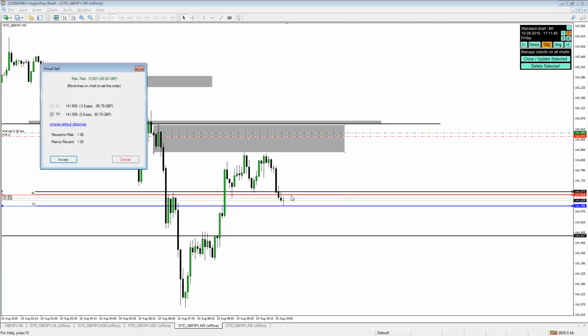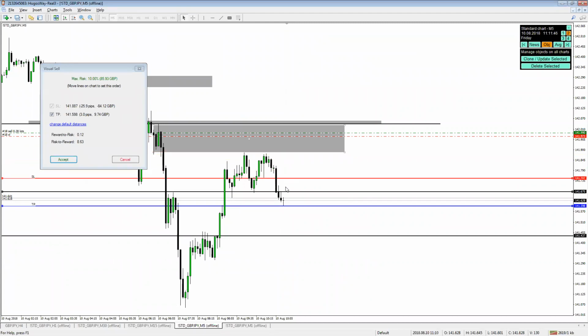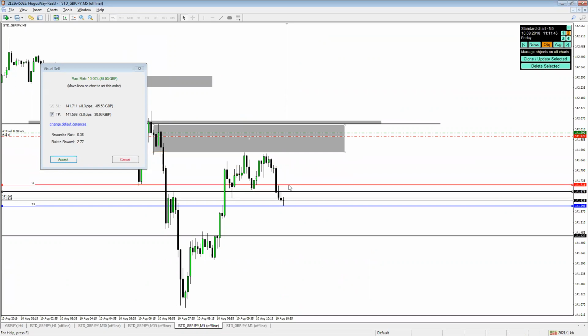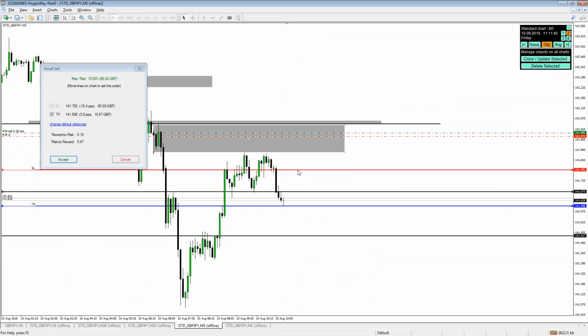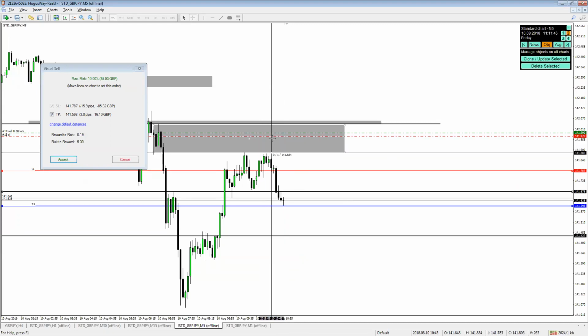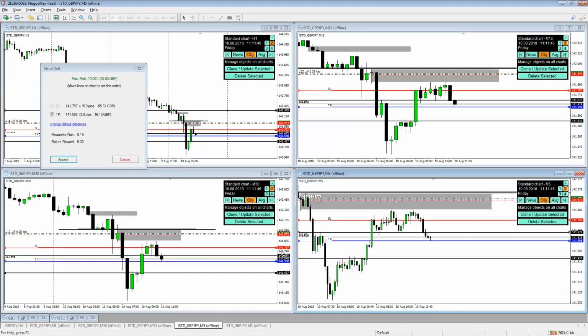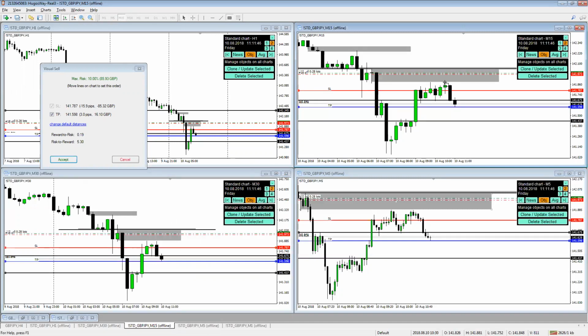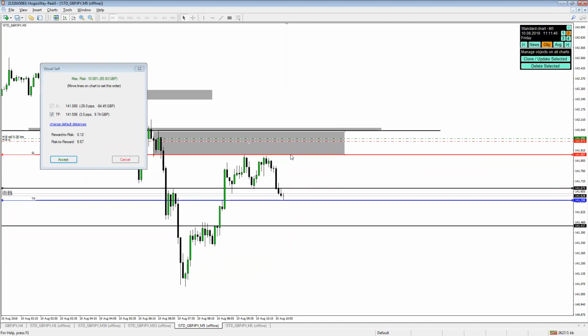But this one. I kind of want to take a sell or put a stop loss above here. Yeah, let's put a stop loss above just in case. 26, 31, man, that's a lot.